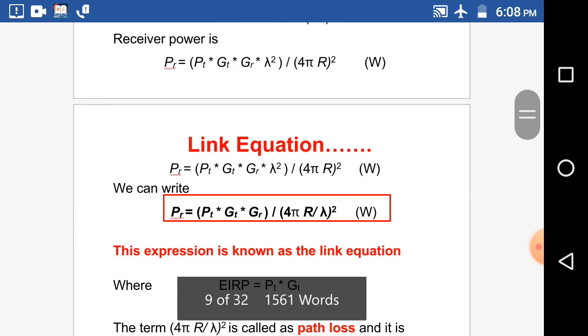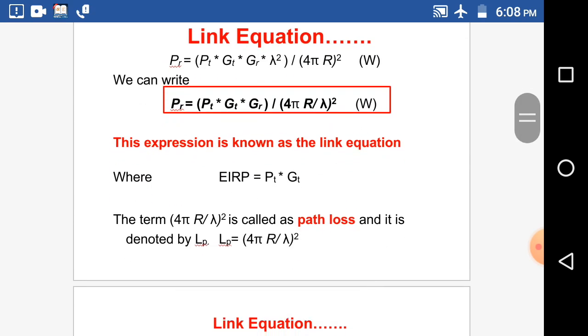If we take lambda into the denominator, then the equation for the received power at a receiving antenna can be modified in a square bracket. So the modified equation in the red square bracket is PR equals PT times GT times GR divided by (4 pi r divided by lambda) whole square.